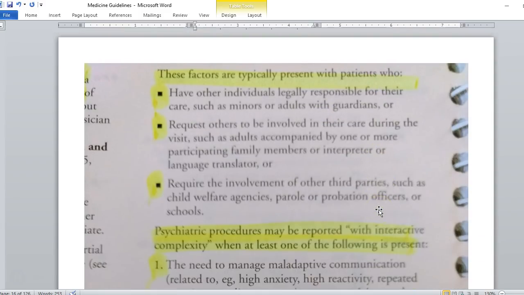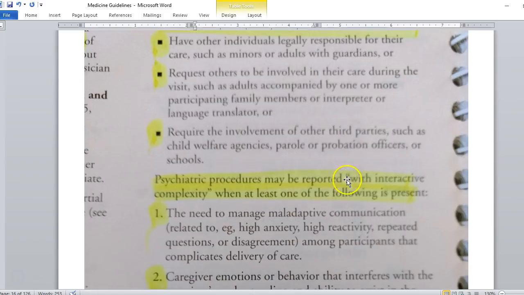Now, these factors are typically present with a patient who has other individuals who are legally responsible for their care, such as minors or adults with guardians, or who request others to be involved with their care during the visit, such as adults accompanied by one or more participating family members, interpreters, or language translators, or who require the involvement of other third parties, such as child welfare agencies, parole or probation officers, or schools. So those are the three most common situations we're going to see.